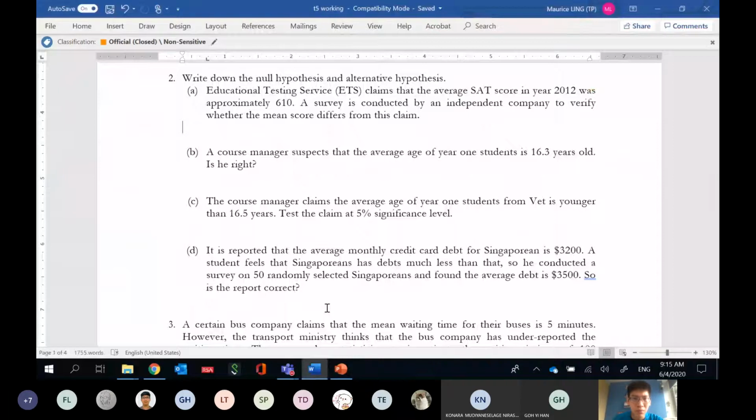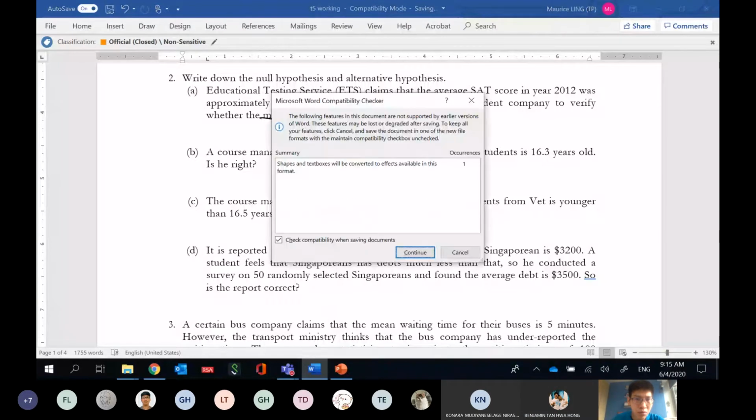The null is H naught: mu equals 610. Then alternative hypothesis is H1: mu, for the two-tailed test, is not equal to 610. Not equal to 610, correct? Okay, because it says it's different. It doesn't mean that it's less than or more than, so correct.